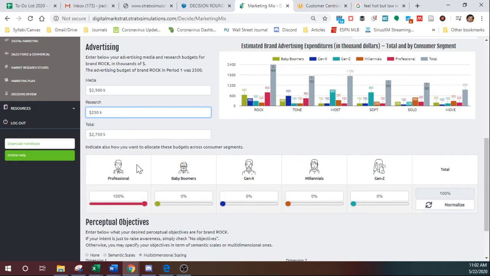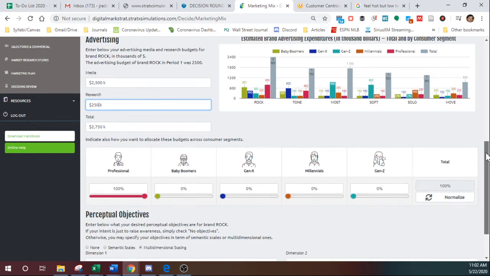Now, note that doesn't mean that if you focus all your efforts on, say, the professionals, that the other segments aren't going to see your products or see promotions for your products. They still may. It's just that focusing on those who are most likely to buy your products is generally a pretty good strategy.